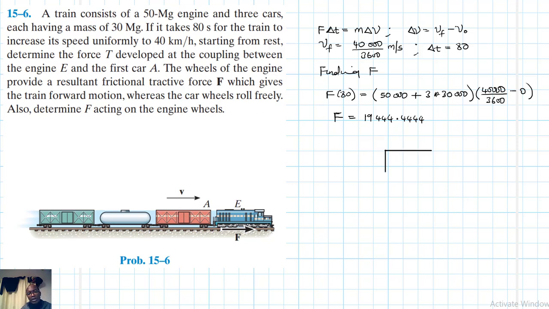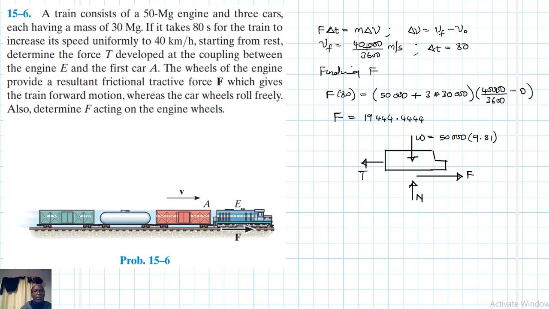If we isolate the head, the engine alone, we have the weight W, which is 50,000 times 9.81, we have the force F, the coupling force T, and we also have the normal force.